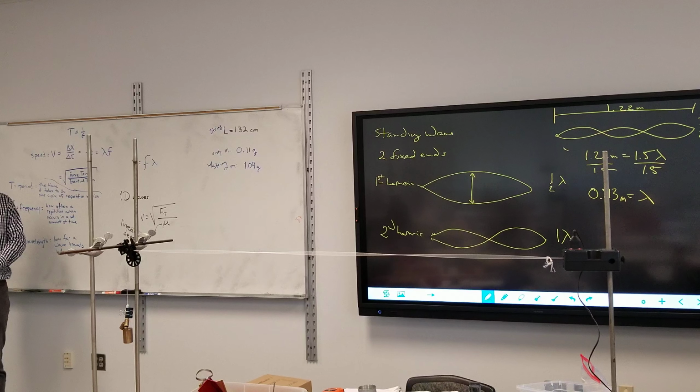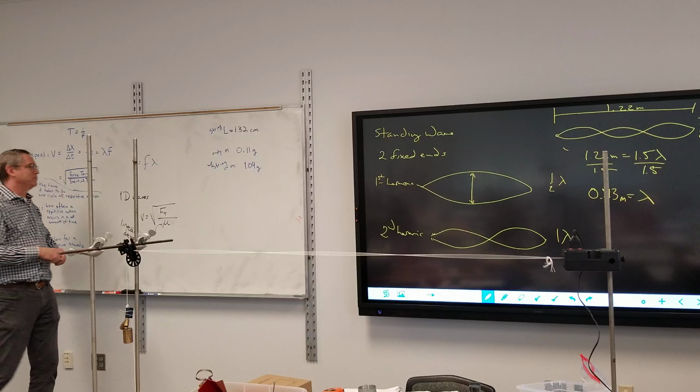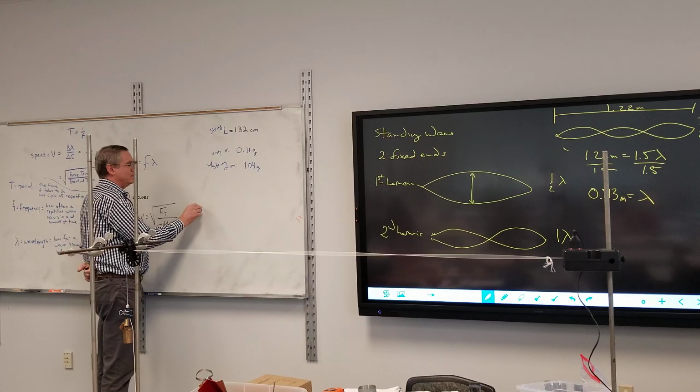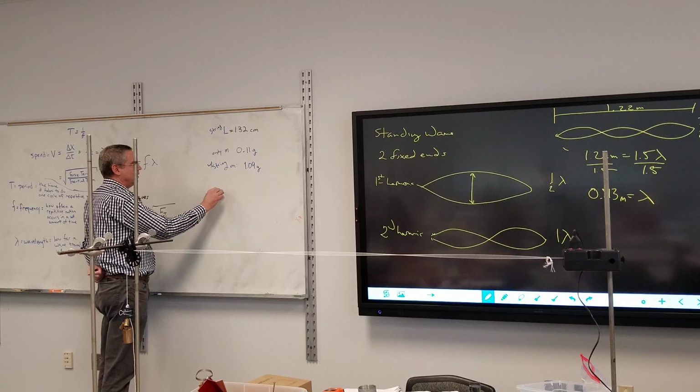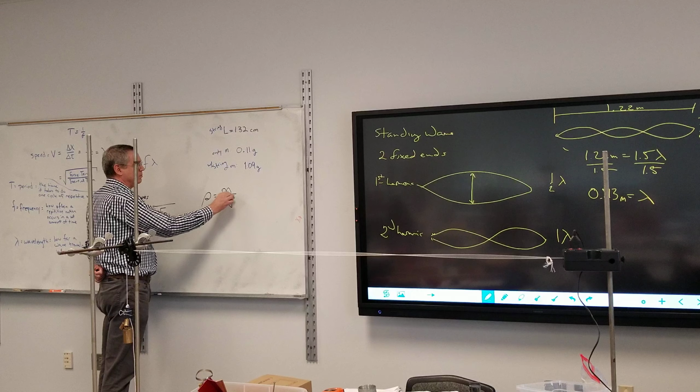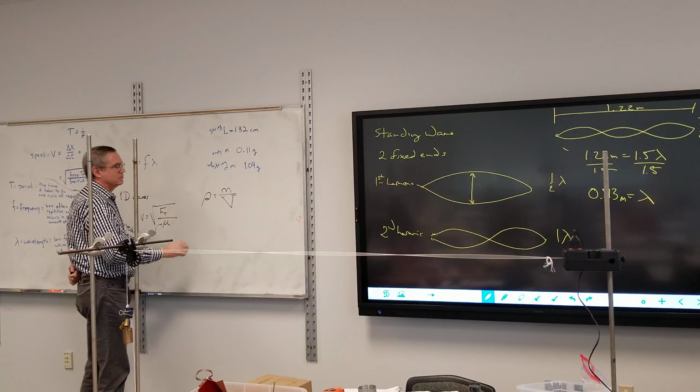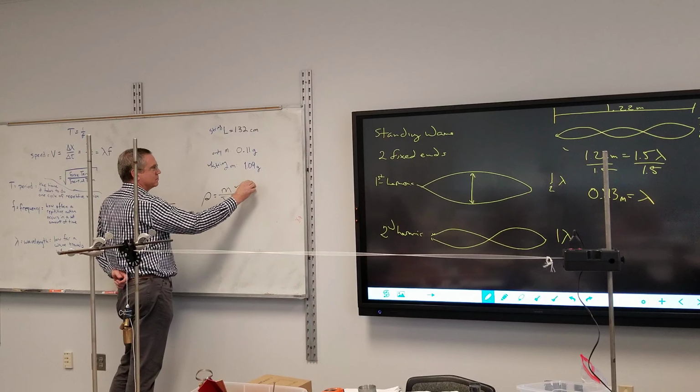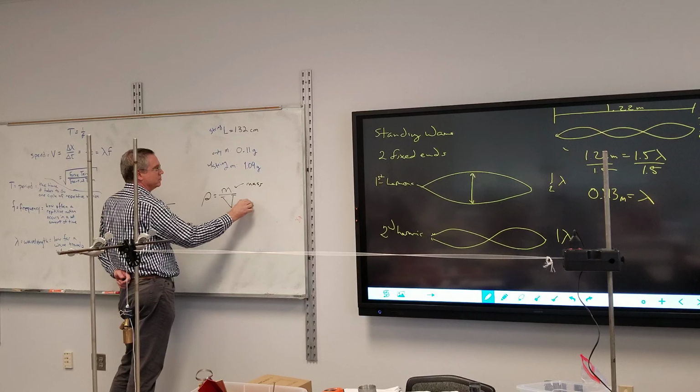Okay. Density is the mass of an object divided by the volume. This is mass over volume.